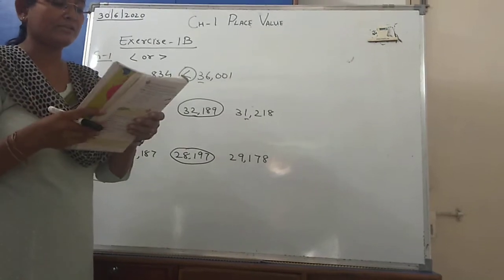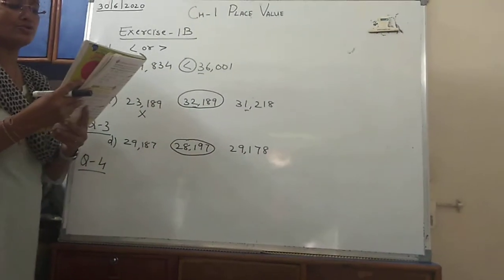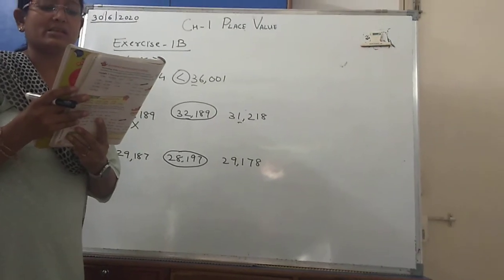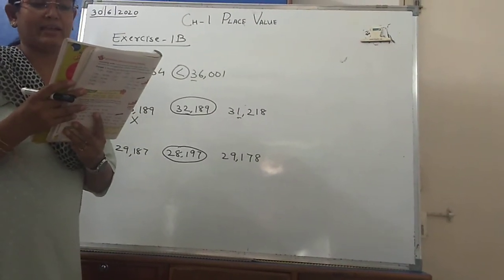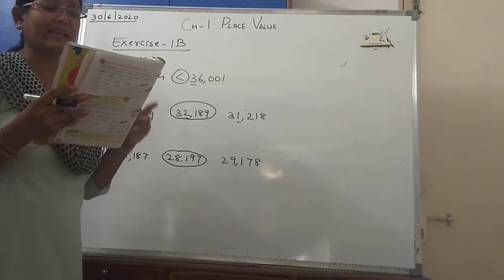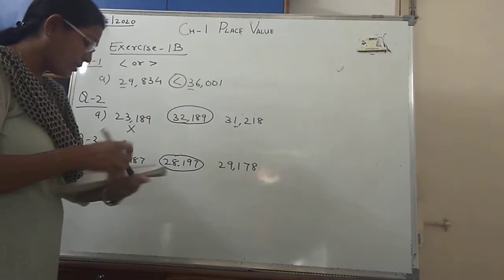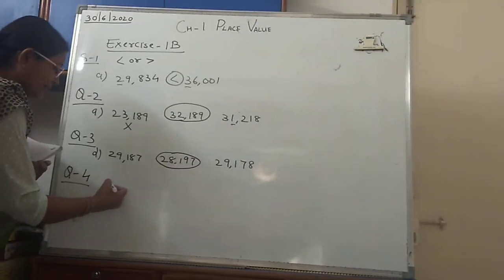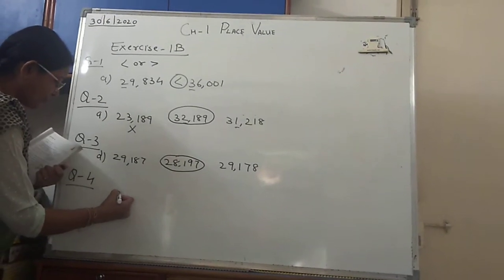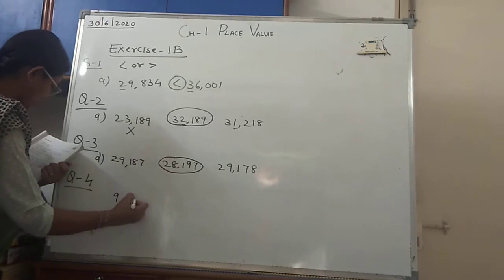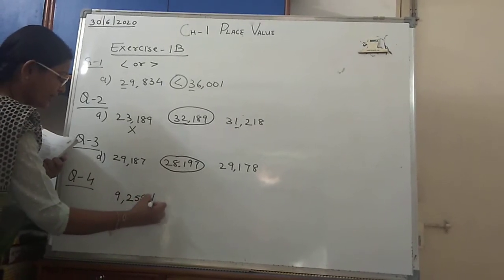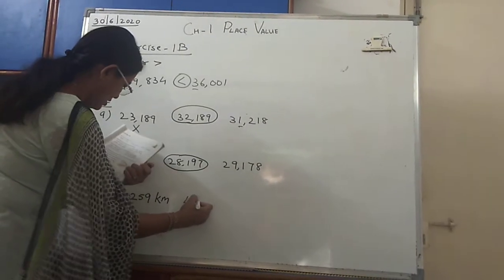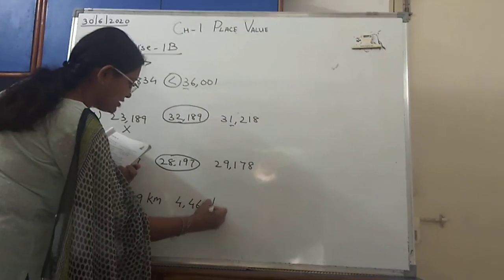Okay, first one, Moscow to Vladivostok in Russia, that is 9,259 kilometer. Second is Toronto to Vancouver in Canada, that is 4,466 kilometer. Let me write down the numbers first here. First one is 9,259 kilometer, right? Second one is 4,466 kilometer.